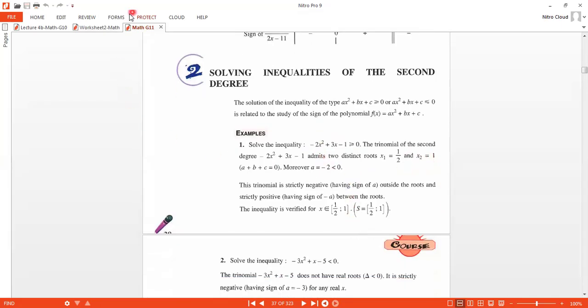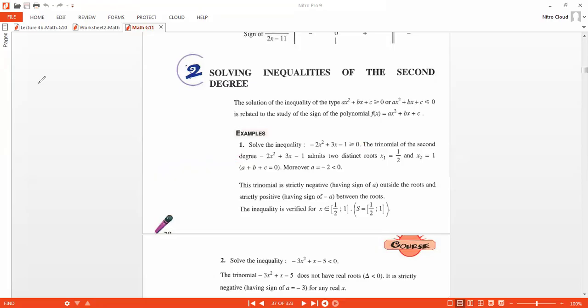So if you make a small table, let me do it for you, like this. We have 1 over 2 and 1. So we have two roots and a is negative. So what do we have here? Same, opposite, same. We want this inequality to be positive or equal to 0. So I'm talking about this range. So the range will be [1 over 2, 1]. Okay, so that's how we solve the inequality.